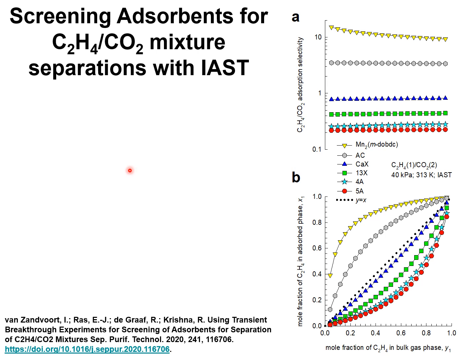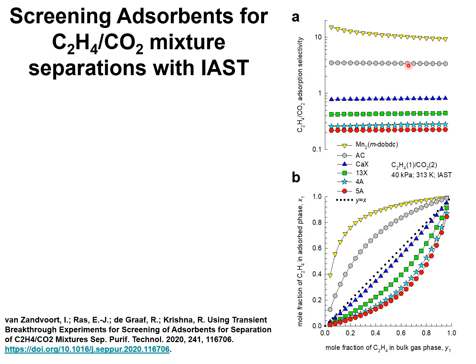Let us screen the adsorbents for ethene CO2 separations by examining the adsorption selectivity as a function of mole fraction of ethene in the bulk gas phase mixture. The most selective adsorbent is Mn2MDOBDC from Jeff Long's group at the University of California in Berkeley.